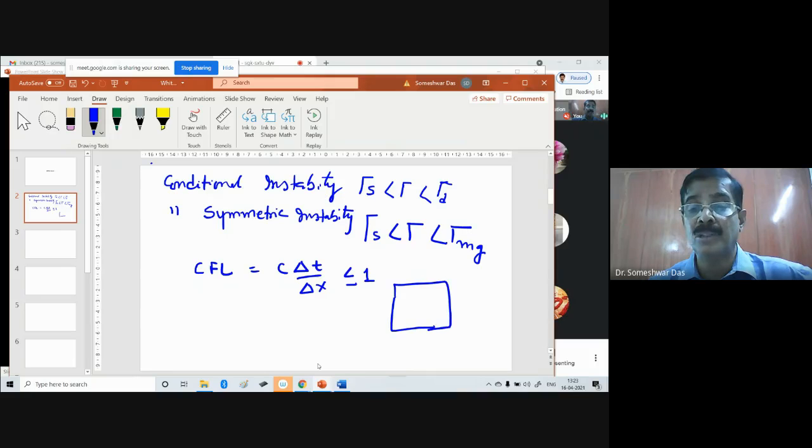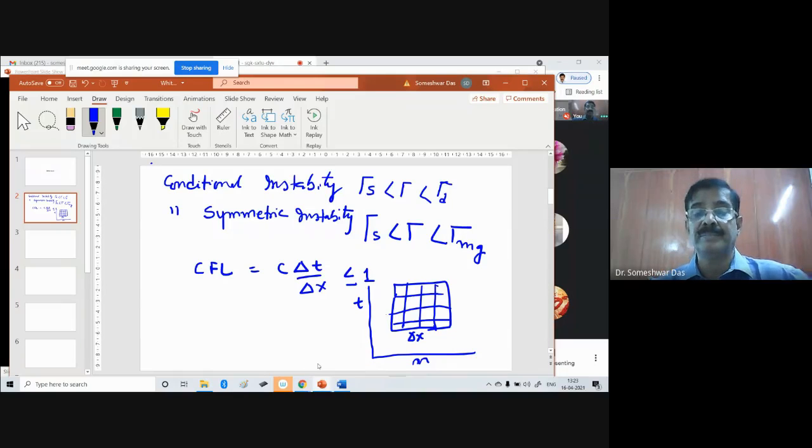Suppose this is a domain, then this is the delta x. And if you've got a time axis, this is, let's say, x. Earlier it was denoted by m, and this is time, the time axis.